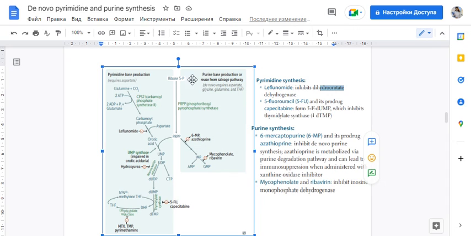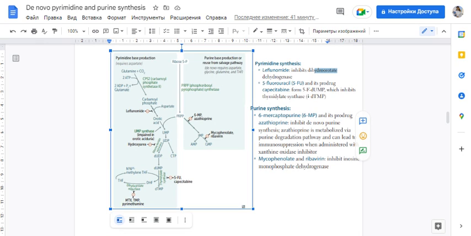And now we will discuss pyrimidine synthesis. For pyrimidine synthesis, as I said, we also use PRPP. This is a similarity between these two pathways, but the main substrate is orotic acid, and we have to know how orotic acid is formed.